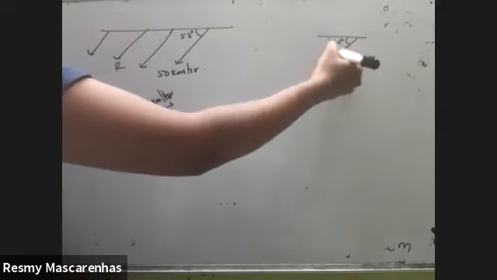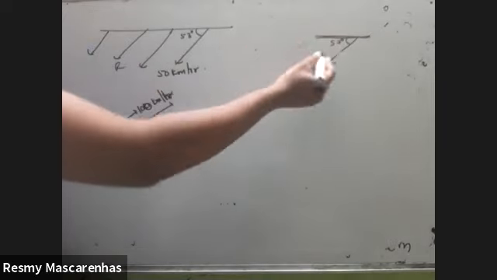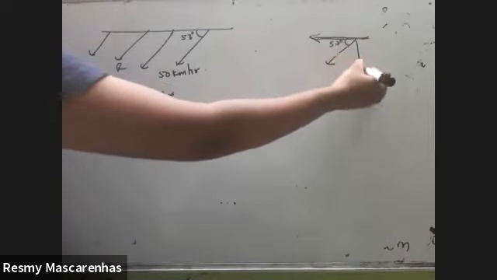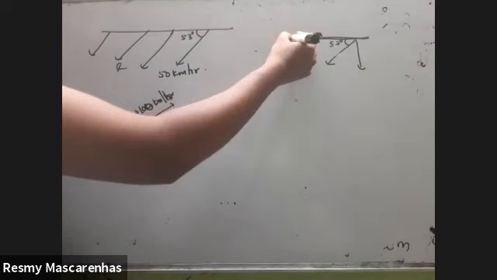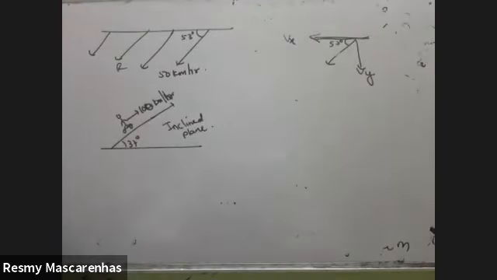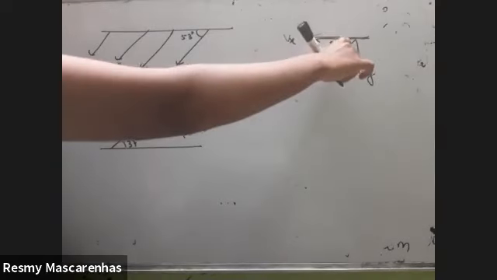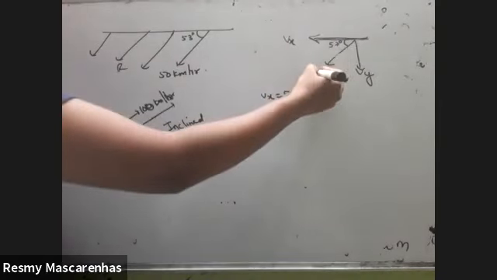Let's just take one line. So this will be your x component. This will be your y component. Whichever is attached to the angle, the axis, 50.